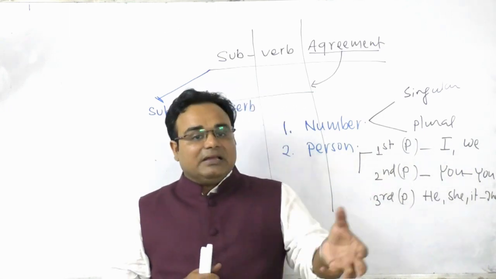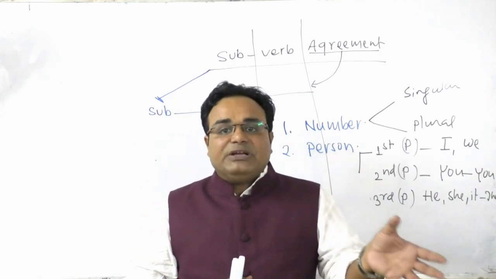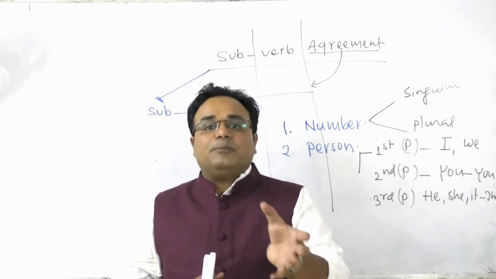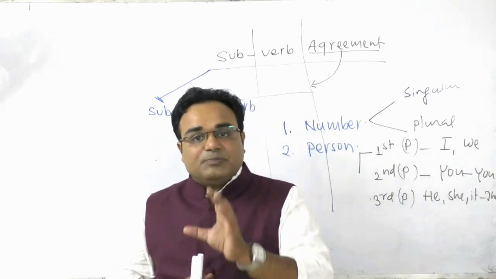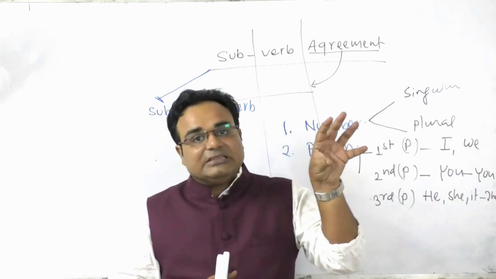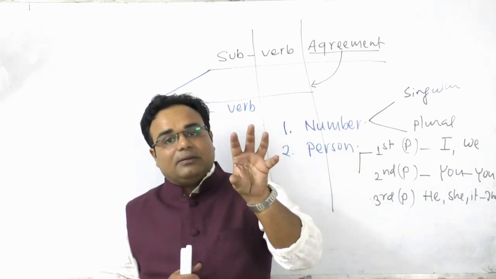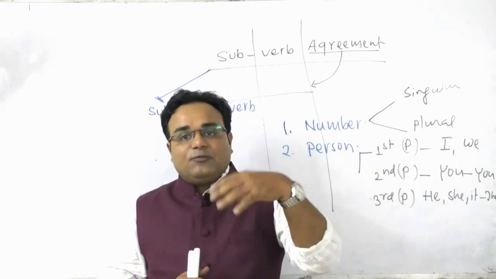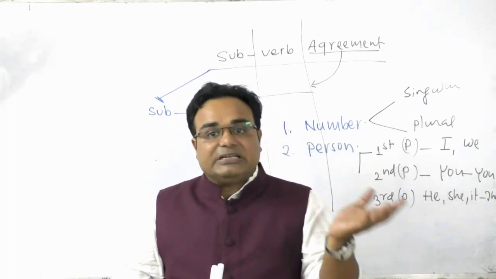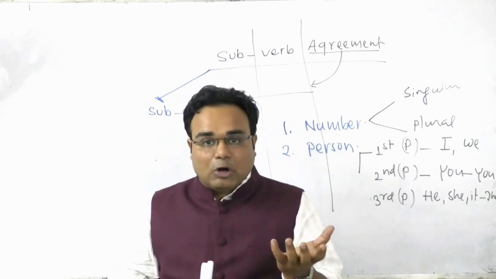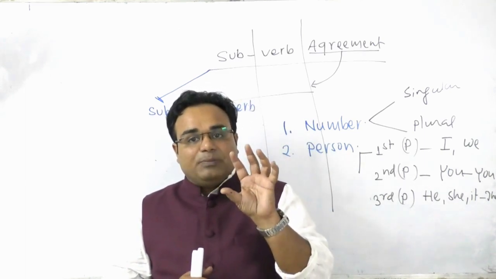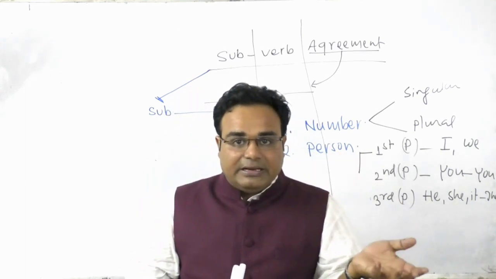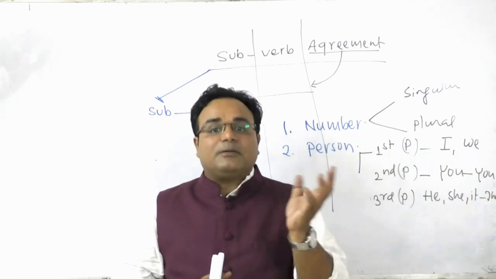Like if I say, if it rains, I will prepare pakoras, it means there is a condition: I will prepare pakoras if it rains. If it does not rain, I will not prepare pakoras. So the agreement is between the rain and the pakoras.